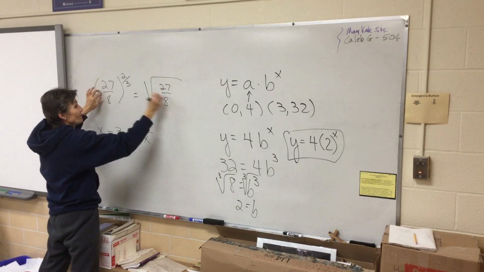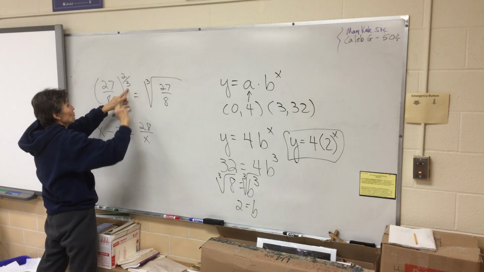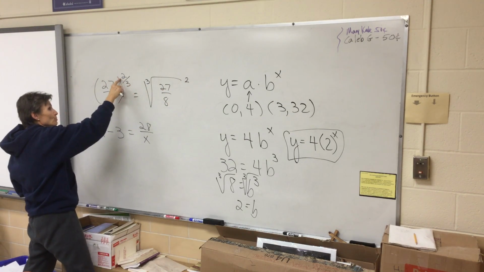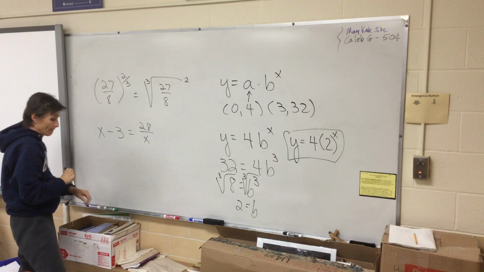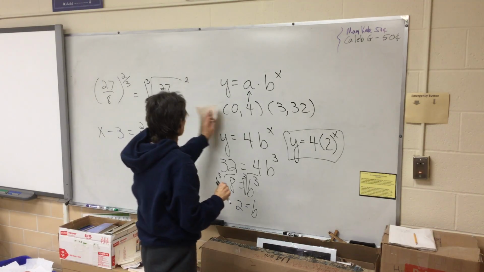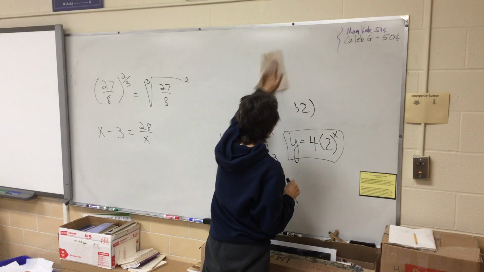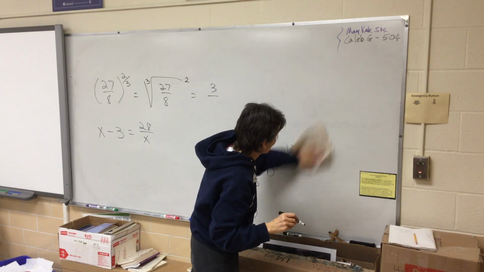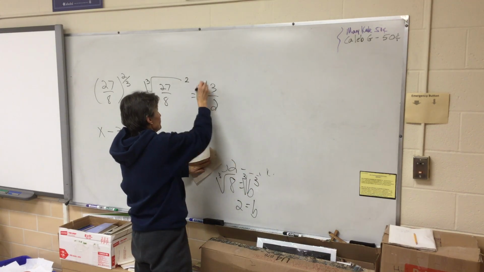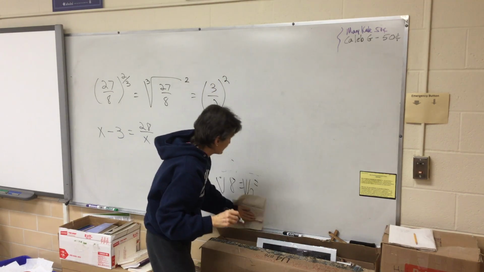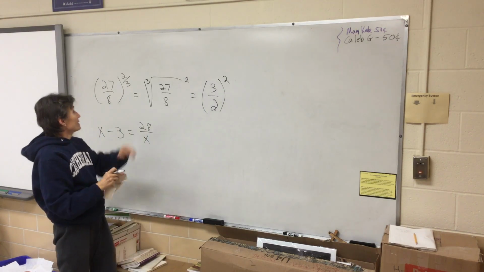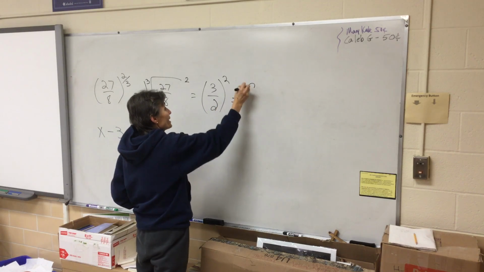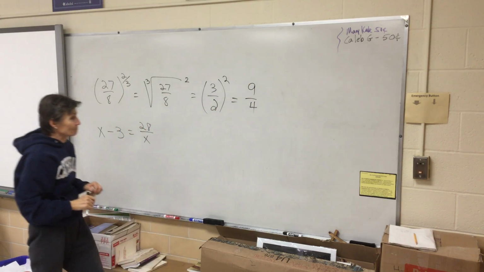Underneath goes the 27/8, and this is the cube root squared. Denominator tells you root, numerator tells you power. So the cube root of 27 is 3, and the cube root of 8 is 2. But don't forget, I still need to square it because of that right there. I cube root and then I square. So I get 9 over 4.